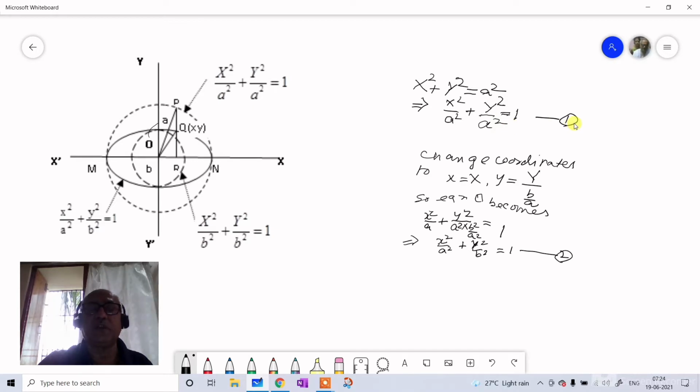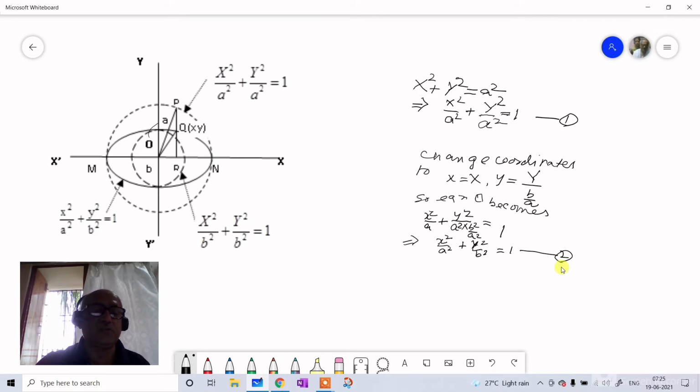Call this equation 1. Now change the coordinate axis to small x is capital X and small y is capital Y by B by A, where B is less than A, and the equation becomes x square by a square plus y square by a square into b square by a square is equal to 1, or in other words x square by a square plus y square by b square is equal to 1.